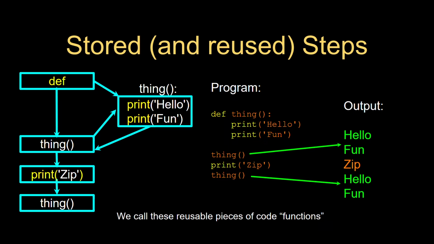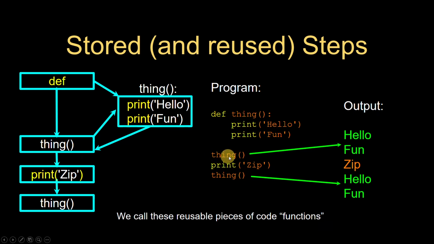Here is an example. The thing function was called twice. On this line once, and then on the last line another time. So we used this thing function. When we use this thing function, the execution control goes into the function definition and executes the statements that are defined or used inside that function definition.